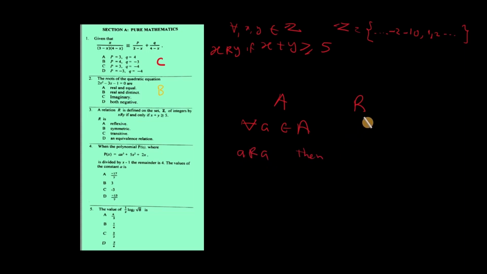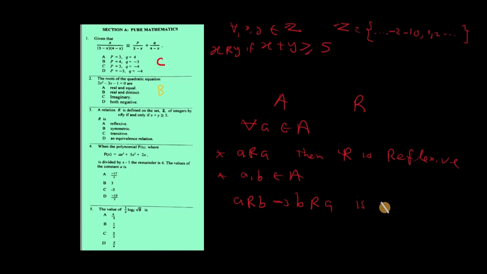Now, if for any two elements in A, let's say a, b belong to A, whenever a relates b and b relates a, then the relation R is symmetric. That is, if a relates b, then b relates a, the relation is symmetric.